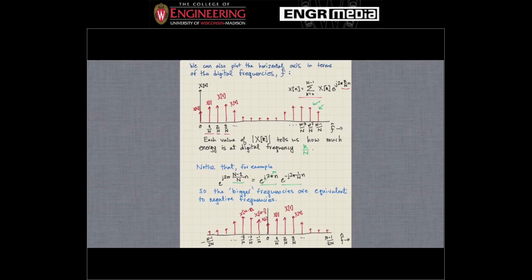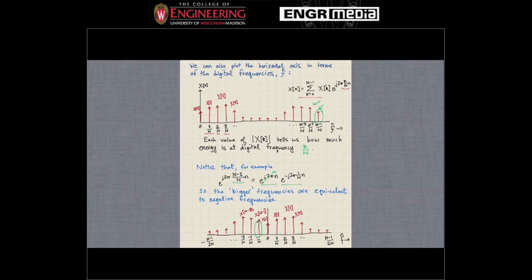In particular, this one, the frequency n minus 1 over n, we can just draw at a frequency of minus 1 over n.